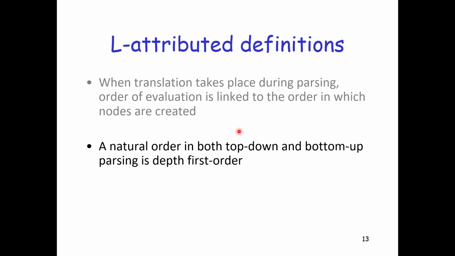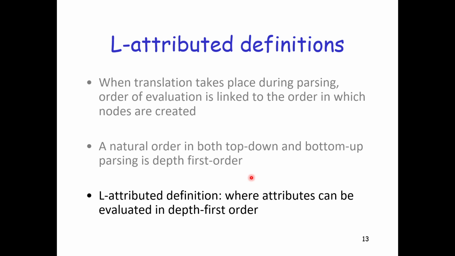In both top down and bottom up, the natural order for constructing the parse tree is depth first order, so that the attributes also will get computed. In the case of L attribute definition also, the attributes will get evaluated in depth first order.